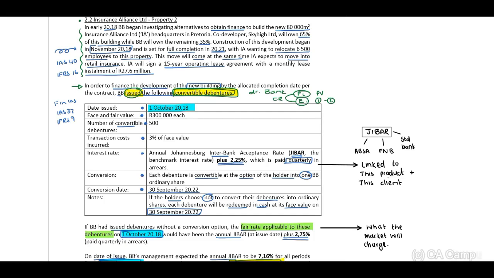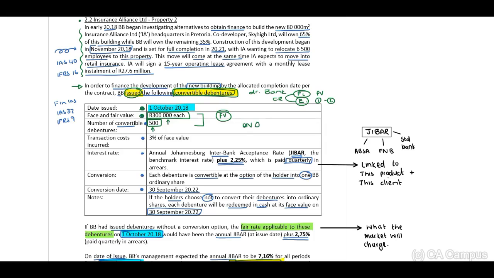They indicate to us the date issued is 1 October. Face and fair value will be the 300,000 Rand, and there's 500 debentures. Therefore, we now know that this will be our future value. If someone purchases a debenture, we will purchase the debenture to be able to receive that 300,000 times 500 at the end of the period.